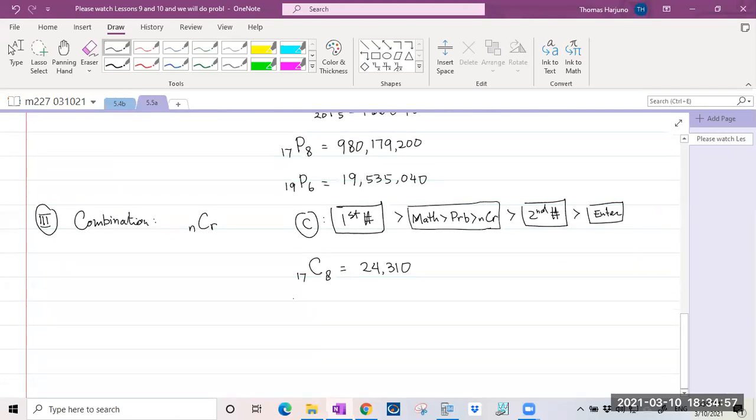to explain how to do it by hand, especially when you have small numbers, especially when the r is small. Now, nCr actually means n factorial over r factorial times n minus r factorial.